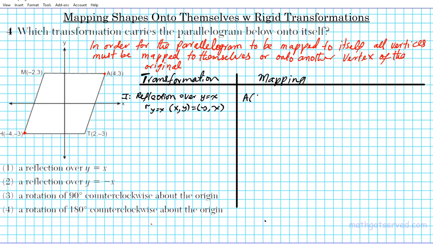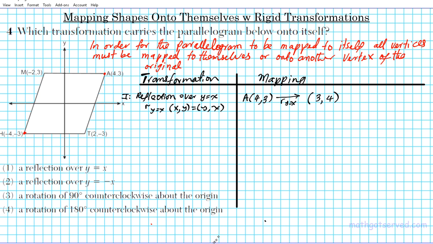Point A is 4, 3. We're going to apply this transformation, a reflection about the line y equals x, on this point. When we apply the transformation, it gets interchanged to 3, 4. So the question is, is 3, 4 one of these vertices?